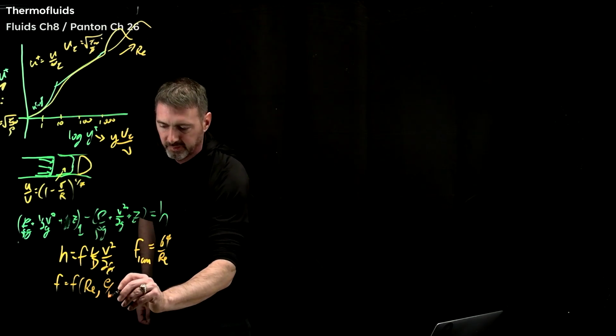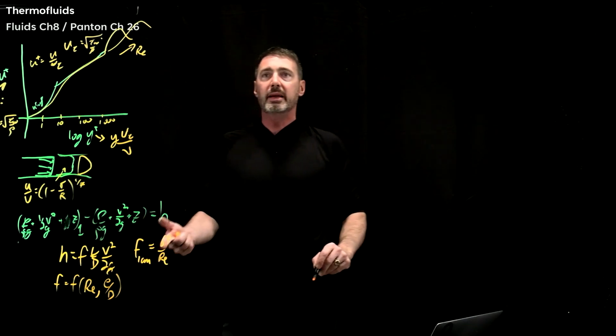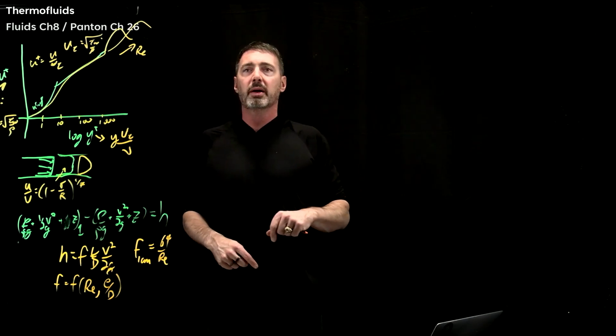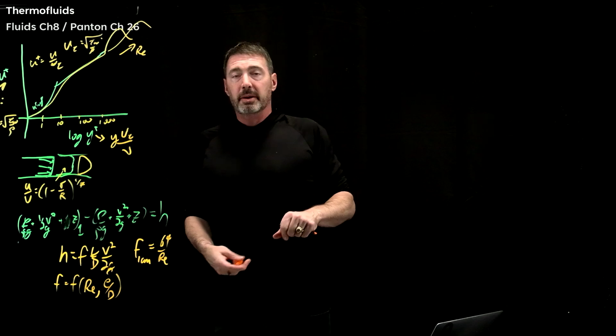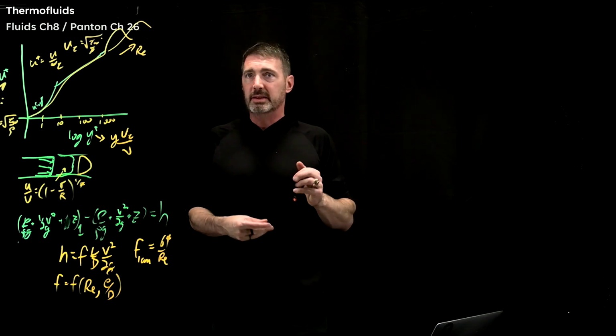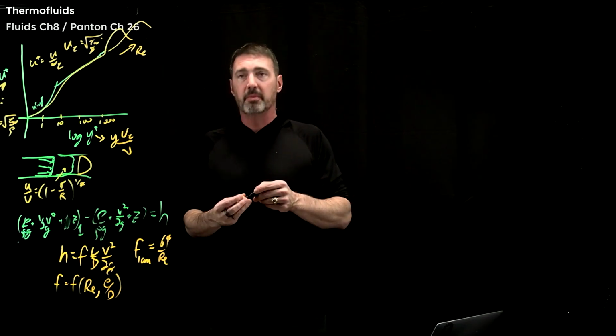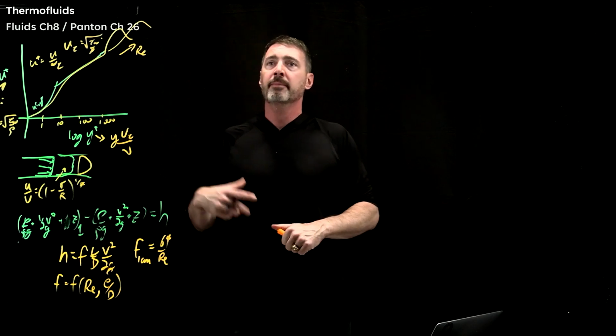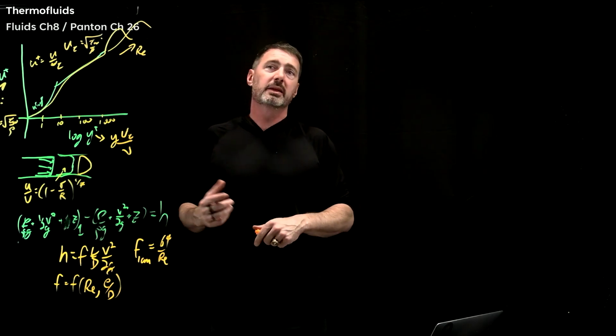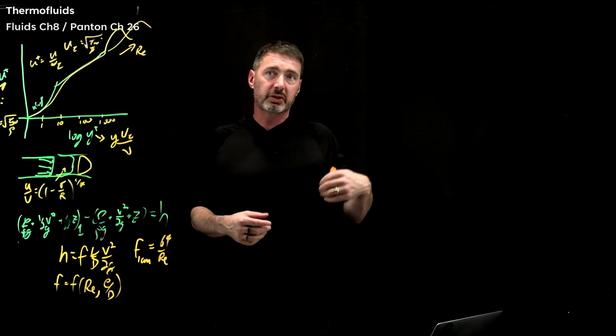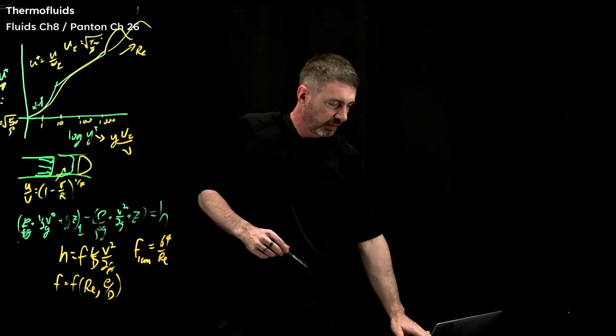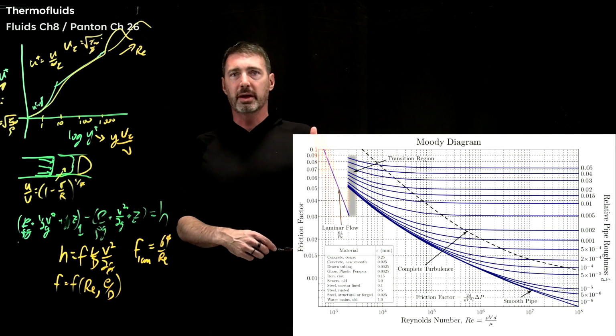Usually the roughness is epsilon, the roughness of the pipe over the diameter of the pipe. In practice you say, I have a stainless steel pipe, or an aluminum pipe, or a concrete pipe, and there are roughness estimates you can look up, or if for some reason you actually know the roughness of the system, you would look it up and go to this beautiful thing called the Moody diagram.